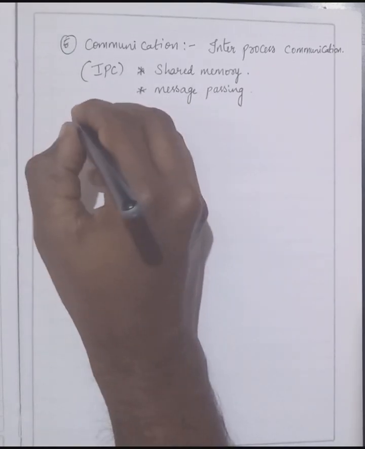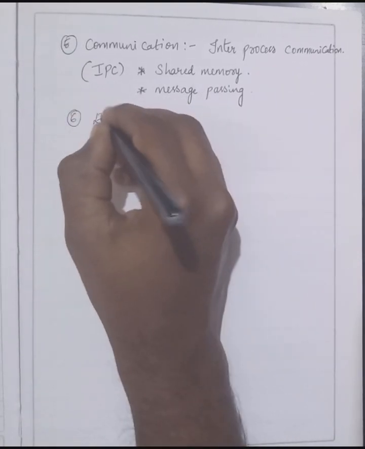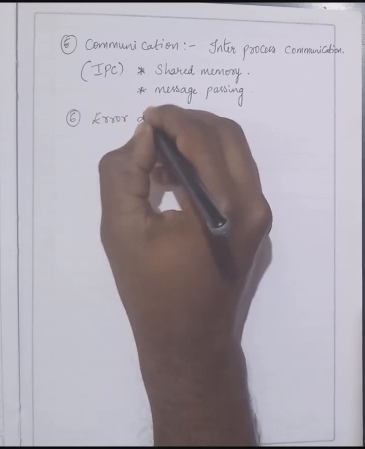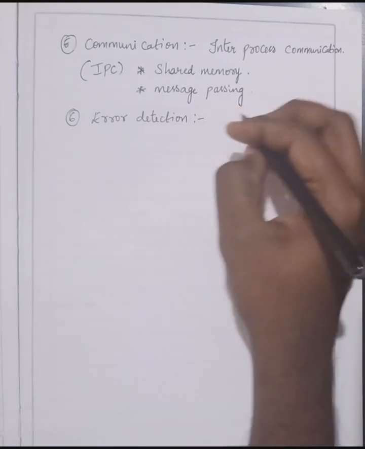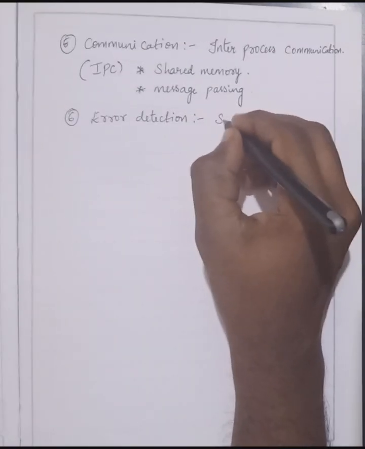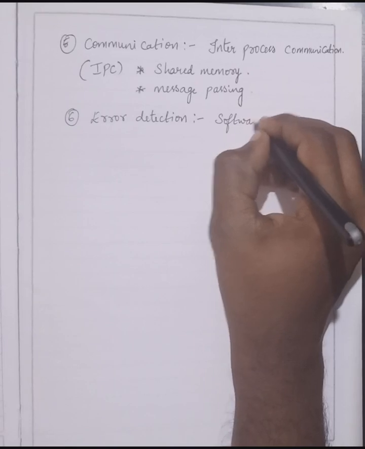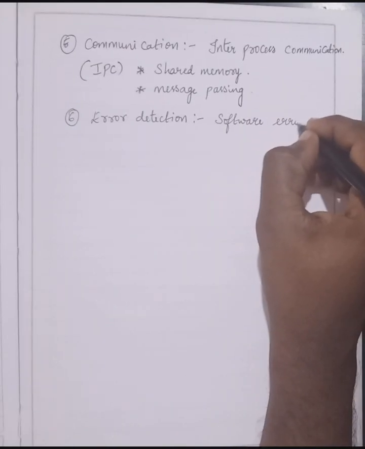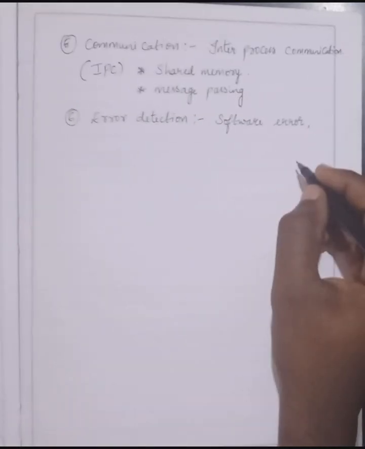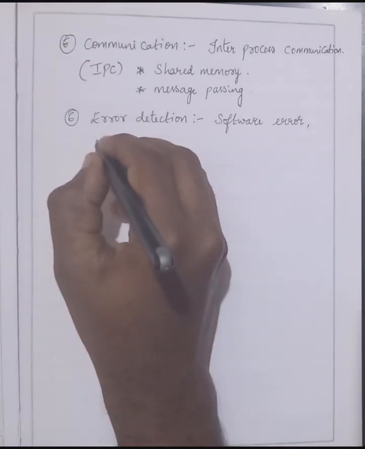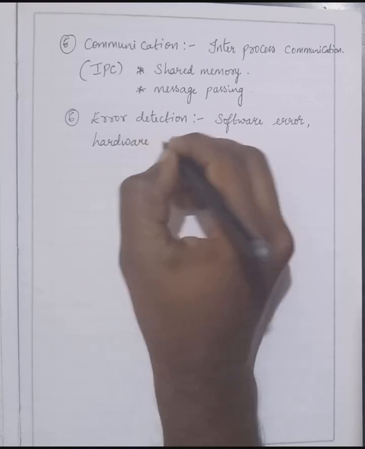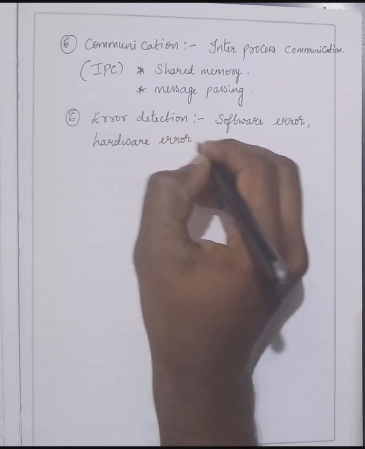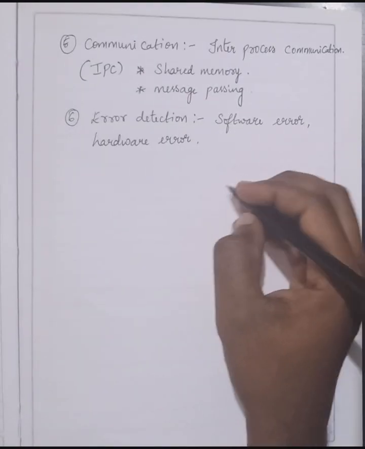Then comes error detection. In error detection, it supports both software errors as well as hardware errors. Both kinds of errors are detected by the operating system, and it not only detects them but also handles them.